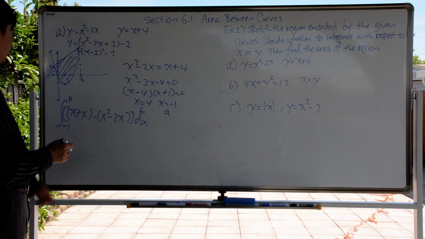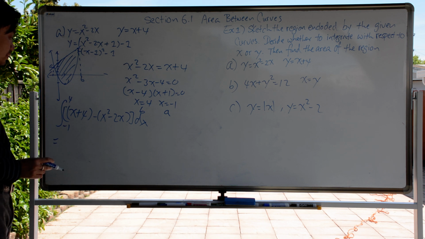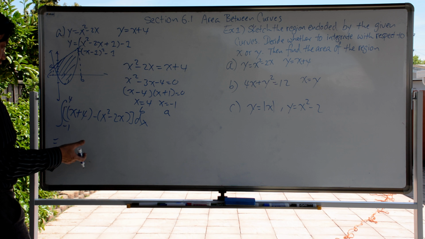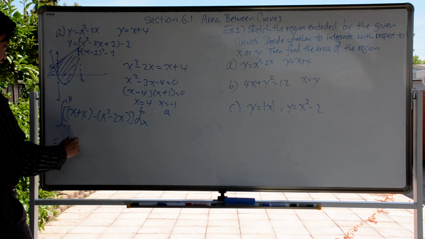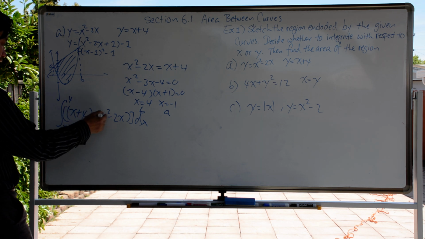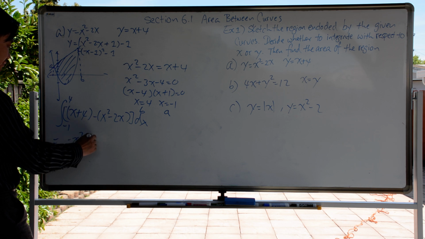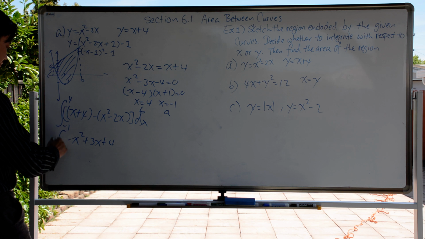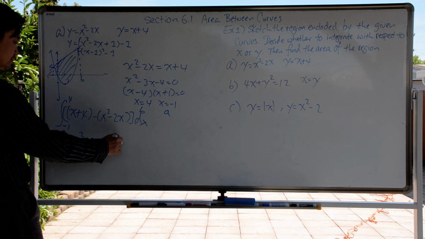And then for the rest of this, we're basically using FTC part 2. Before you integrate, make sure you combine the like terms first. So we have negative x squared, x minus negative 2x plus 3x, and then 4, just leave it. Integral from negative 1 to 4 of this whole integrand, dx.